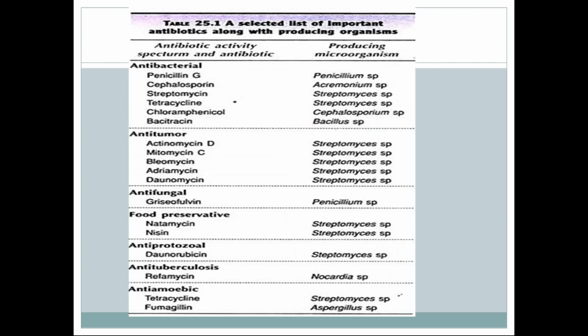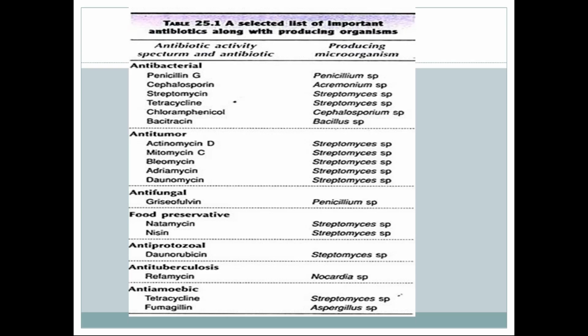Yeah, I know that it's somewhat zigzag, but it's most important. Now see the antibacterials. Penicillin G is produced by Penicillium species, cephalosporin by Acremonium species. You can note down if you want. Then streptomycin is by Streptomyces species, tetracycline by Streptomyces, chloramphenicol, cephalosporin, and bacitracin by Bacillus species.